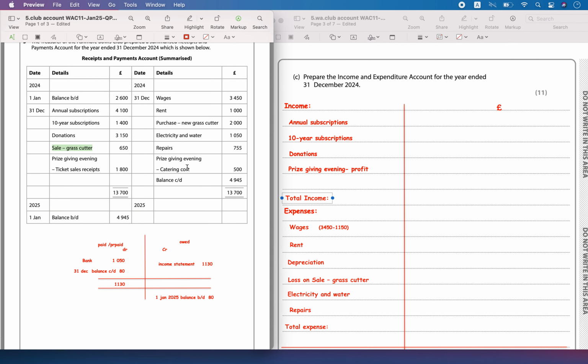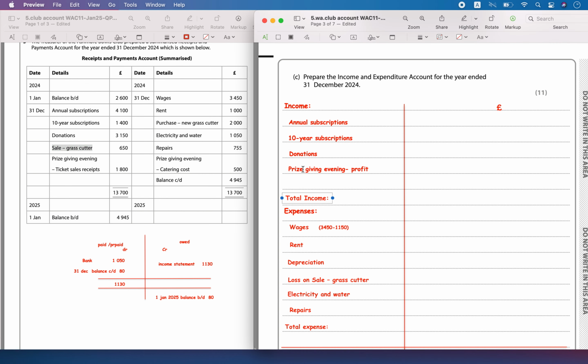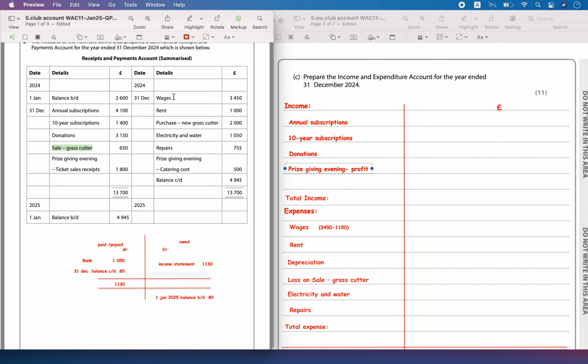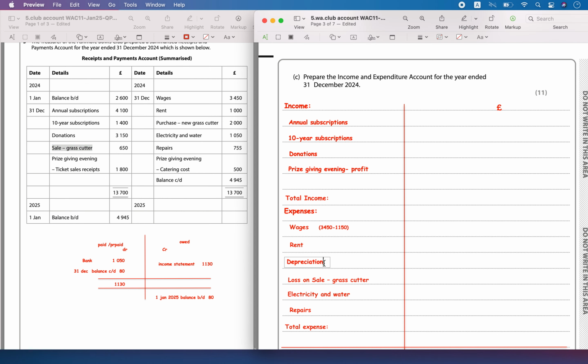Then there was a prize that was distributed, and because of that you will have to see what was the profit or the loss generated by the prize. Then we have expenditure: wages, rent, and the depreciation of the grass cutter. We have to calculate depreciation because it's an asset.